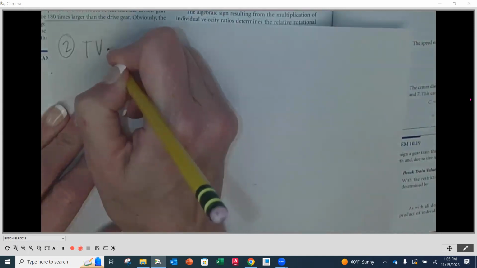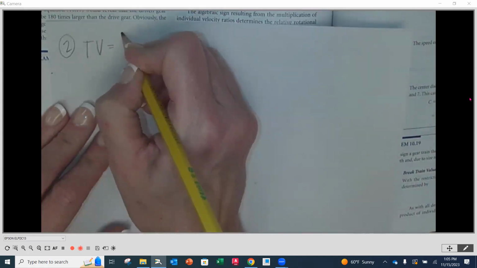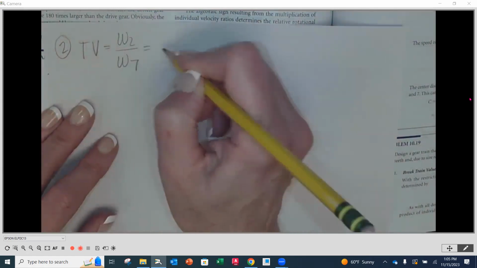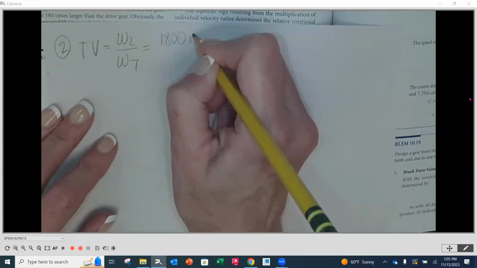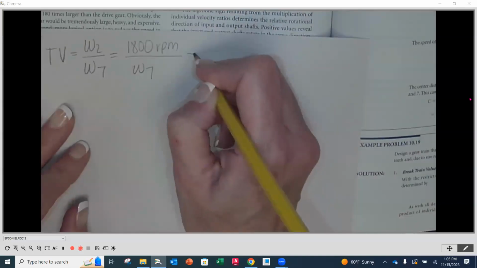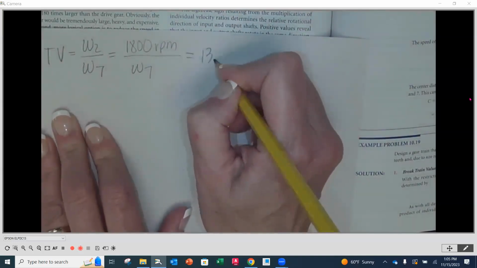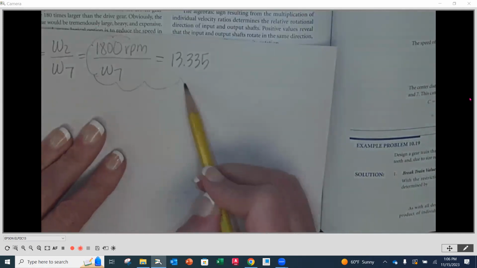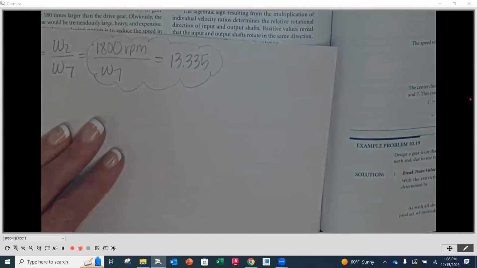We can say our train value is going to be equal to our W2 divided by our W7, right? W2 divided by W7. So we know that our W2 was equal to 1800 RPMs, right? We don't know what W7 is, but we do know that that train value overall is 13.335, right? So as we look right here, our only unknown is the W7, okay?